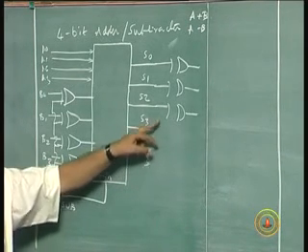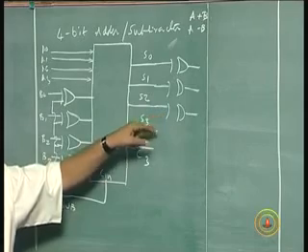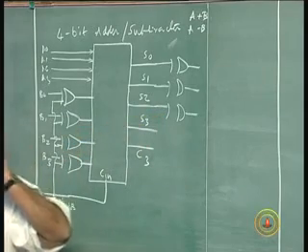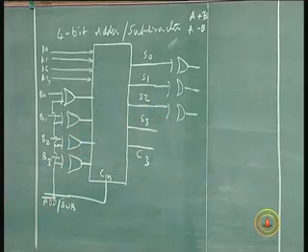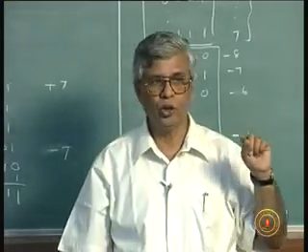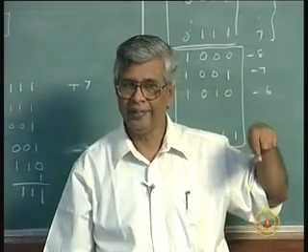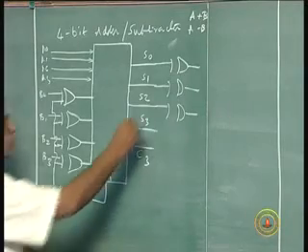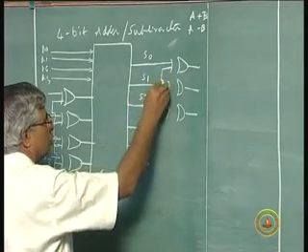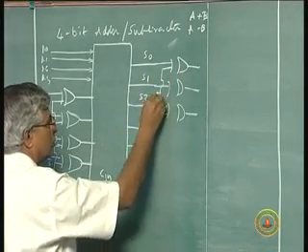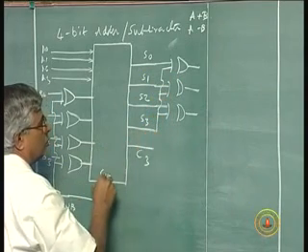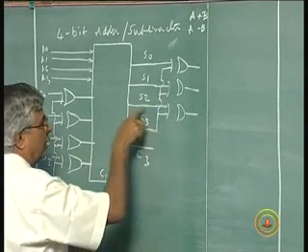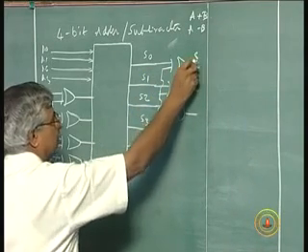And this would be used to complement it if required. If the number is negative, C3 would be 1, so I can use it to complement S0, S1, S2. Otherwise, it goes as it is.